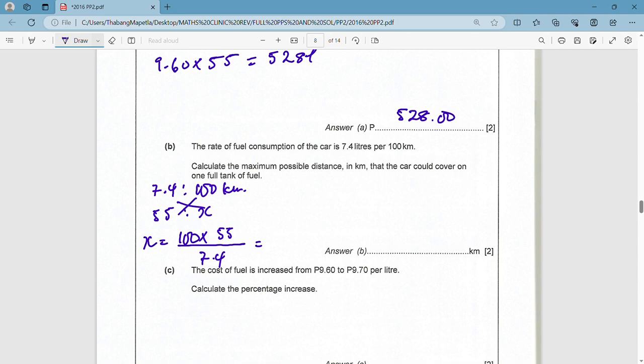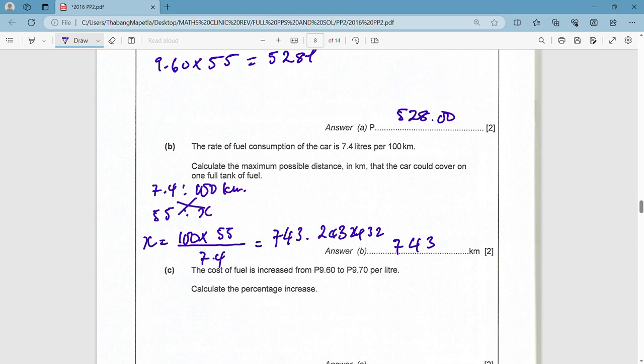That divided by 7.4 is 743.243243, so the decimal for that is going to be 743.